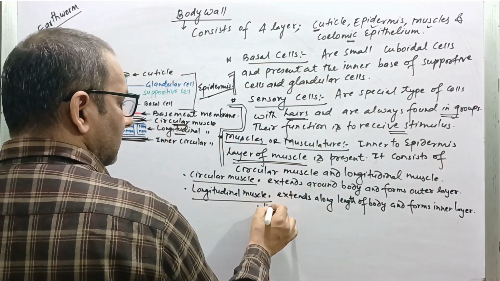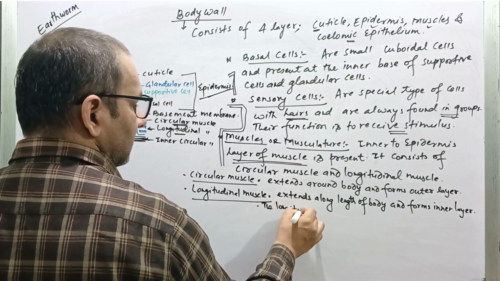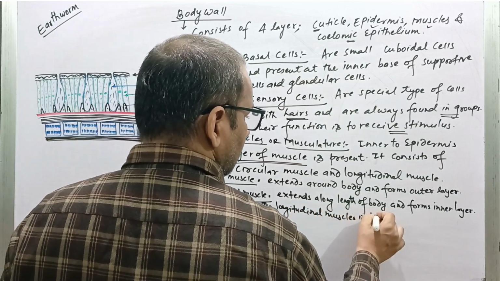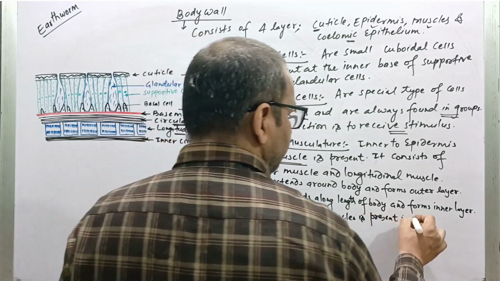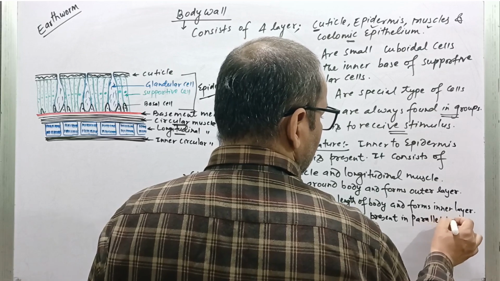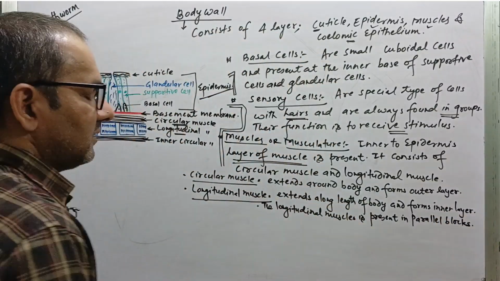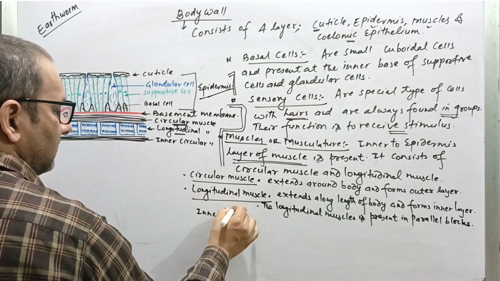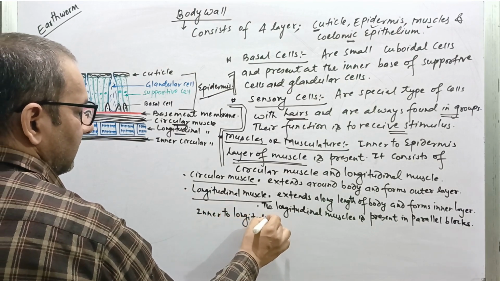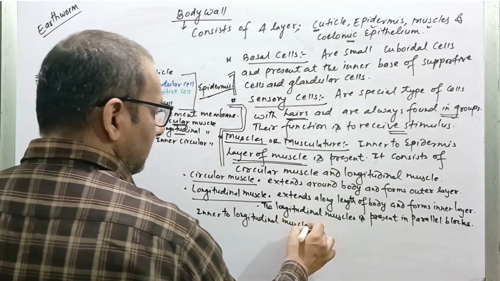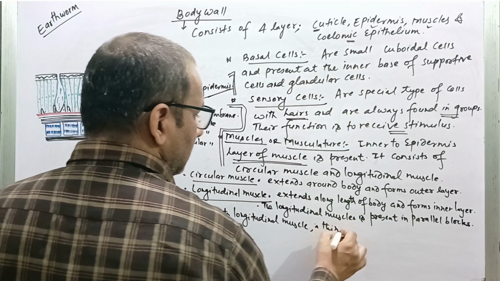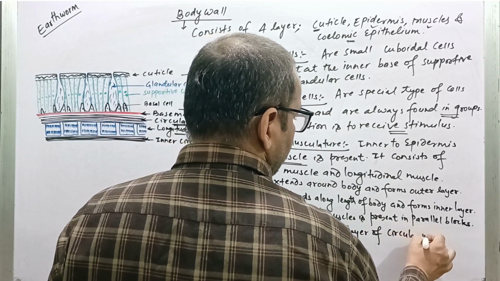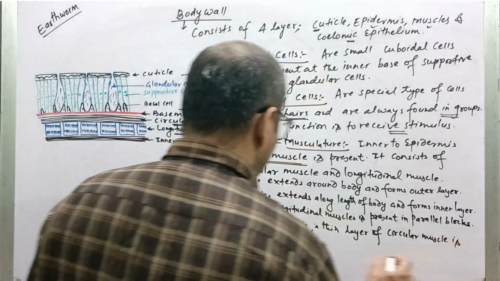And one more thing, the longitudinal muscle is present in parallel blocks, and inner to the longitudinal muscle, a thin layer of circular muscle is present.